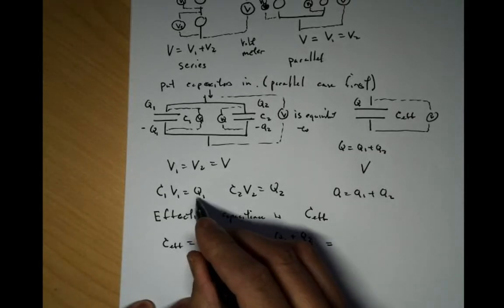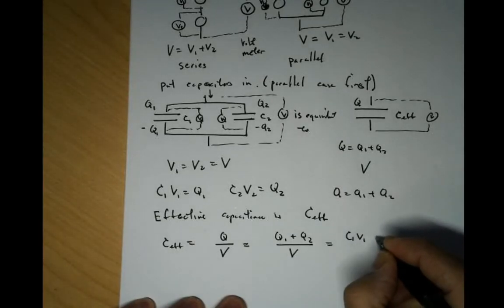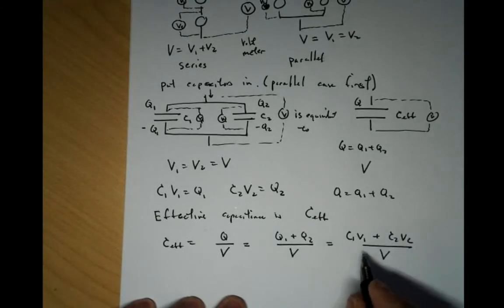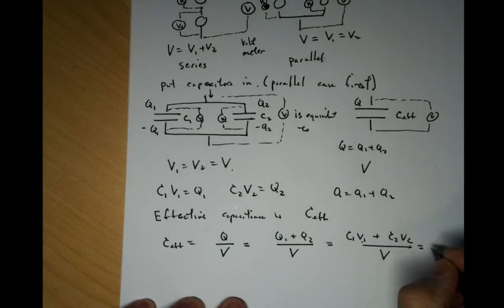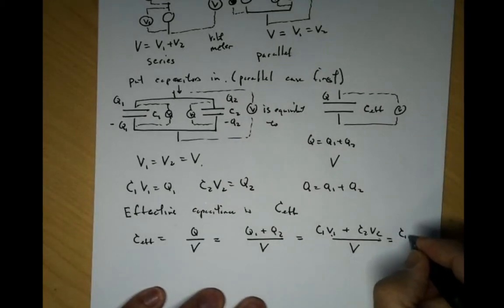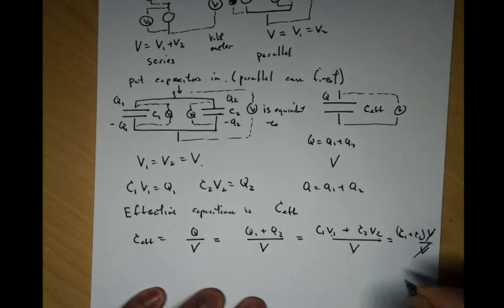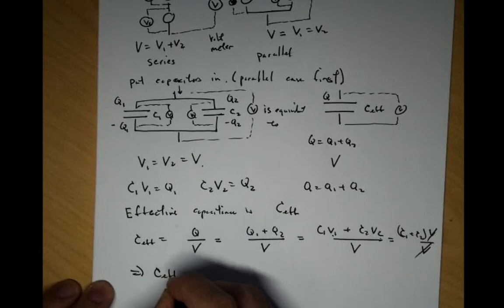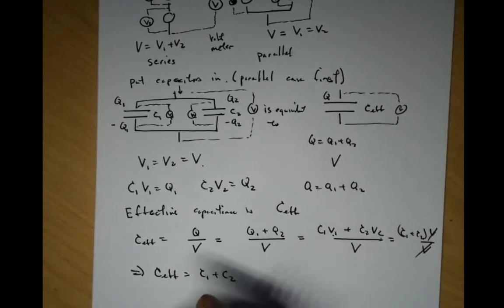It's going to be C1 V1 plus C2 V2 over V. But V1 and V2 are all V. So this is also equal to C1 plus C2 times V over V. The V's cancel out, and you're left with C effective equal to C1 plus C2.